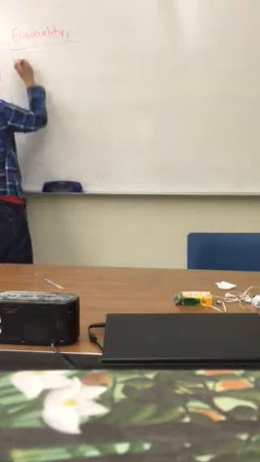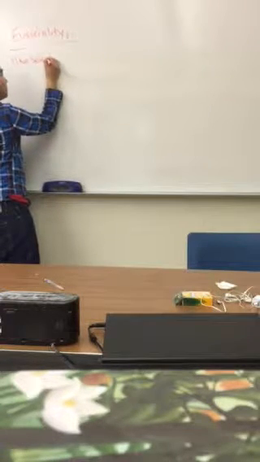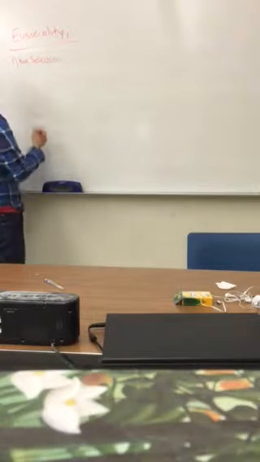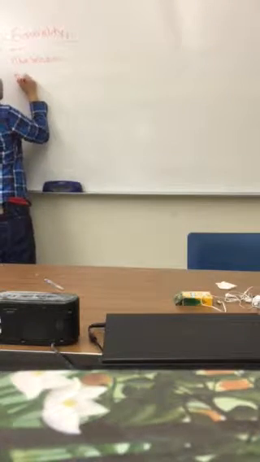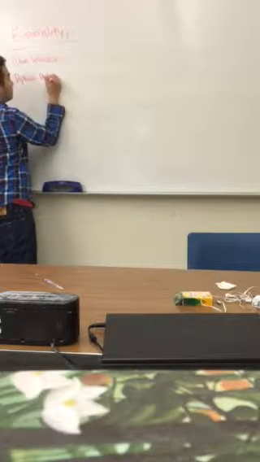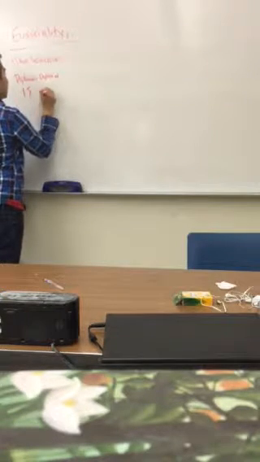So the first thing we want to look at is kin selection. All right? And we want to first look at diploid-diploid relationships, in which the mother and father both have two chromosomes.